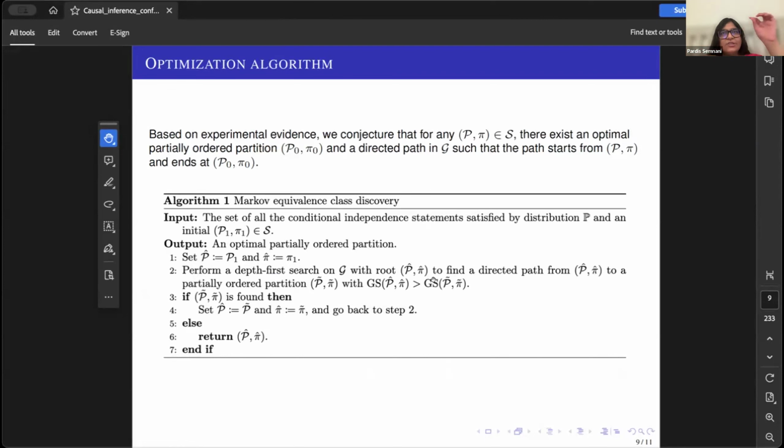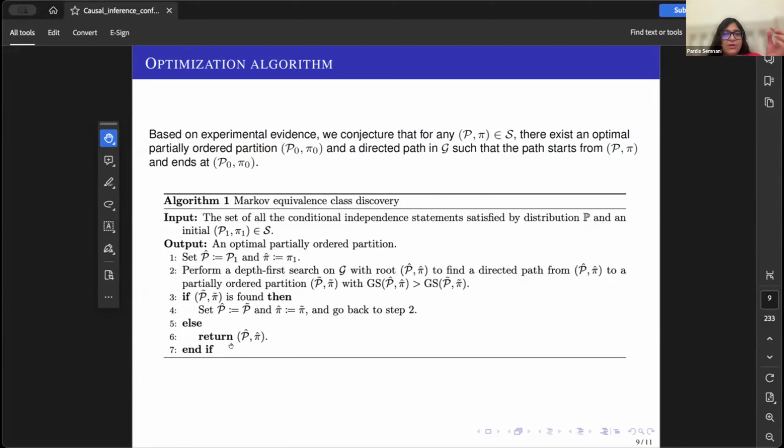We try to find a directed path from p hat pi hat to some other partially ordered partition p tilde pi tilde, whose graphical score is strictly less than the graphical score of p hat pi hat. If this better partially ordered partition p tilde pi tilde is found, then it will become our new p hat pi hat, and we'll perform another depth first search with this root. If not, this means that we have found our optimum, and that's going to be p hat pi hat, and that's going to be the output of our algorithm.